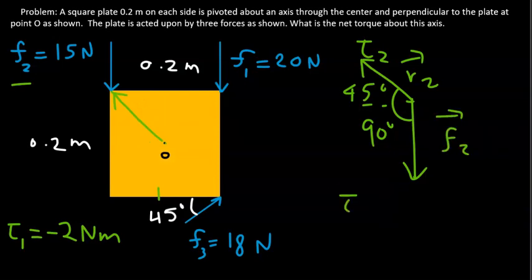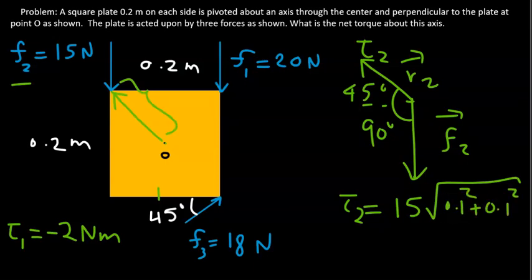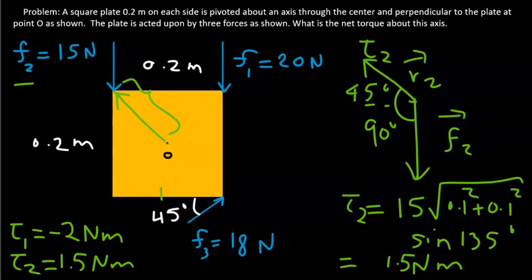The value of the torque for the second force is given by force 2, which is 15 newtons, times that distance right there, which is the square root of 0.1 squared plus 0.1 squared, times the sine of the angle between them, which is sine of 135 degrees, which will give you 1.5 Newton meter.